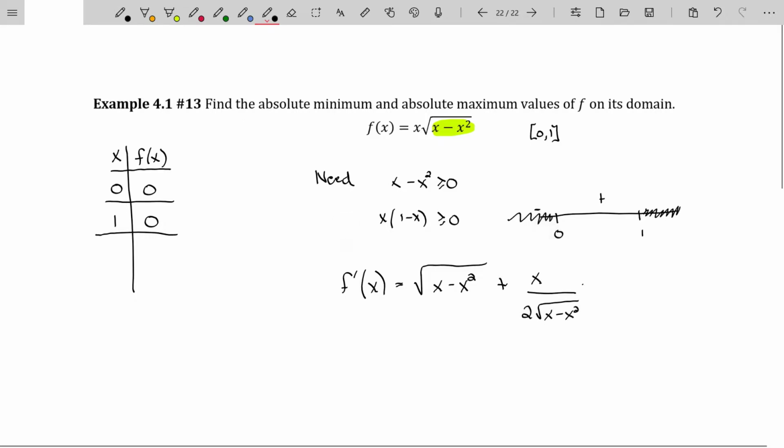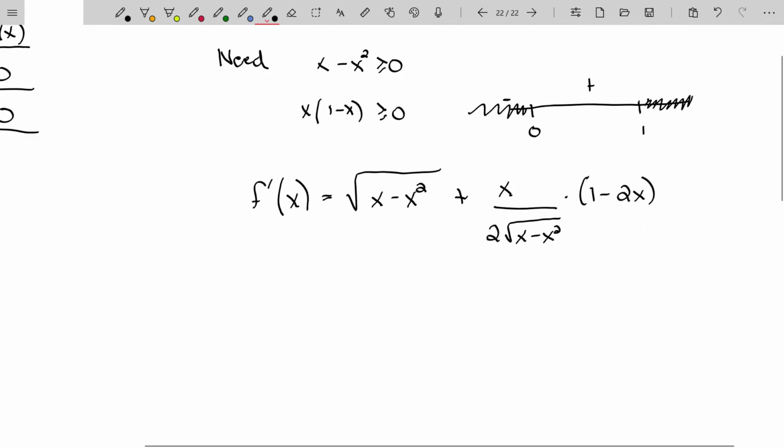And remember, that's a chain rule going on, so times 1 minus 2x. Double check my mathematics. Yep. And you know this is undefined at 0 and also at 1, but that's okay. And now we'll go ahead and solve f prime is equal to 0.